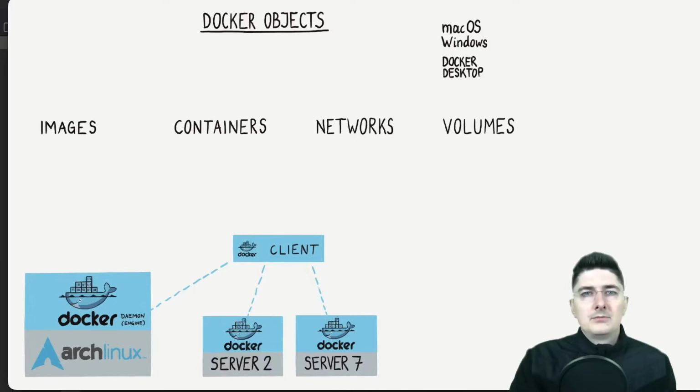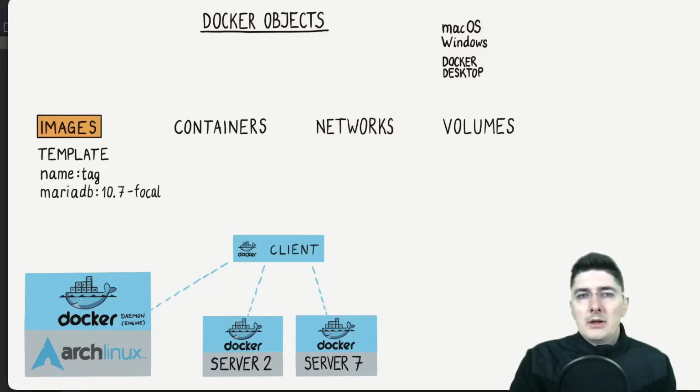Docker image is a template for creating a Docker container. It's a set of instructions for how to create an environment where your application can run. Image has a name and a tag. You can think of a tag as a version for that particular image. So something like MariaDB 10.7-focal will tell you that this image will provide you with MariaDB version 10.7, which sits on top of Ubuntu Focal, which is Ubuntu 20.04.